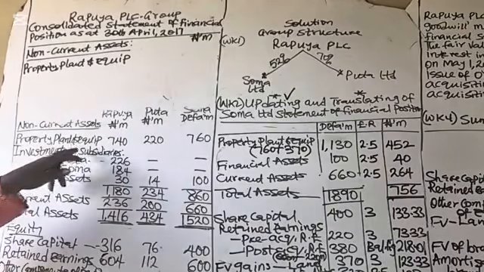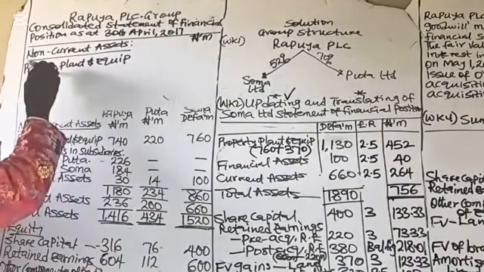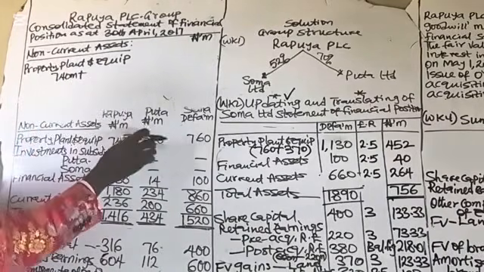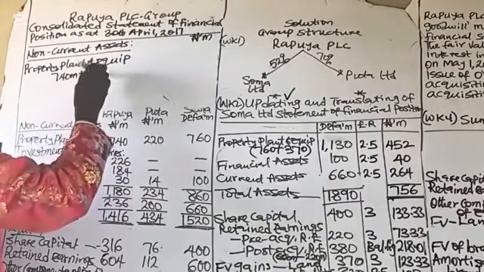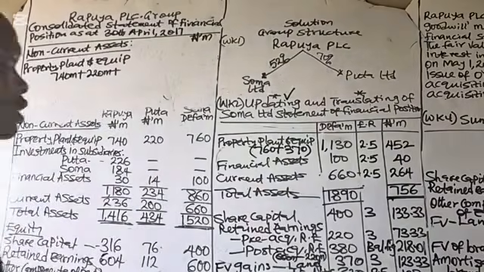So we have Rapuya 740 million plus Puta 220 million plus Soma.